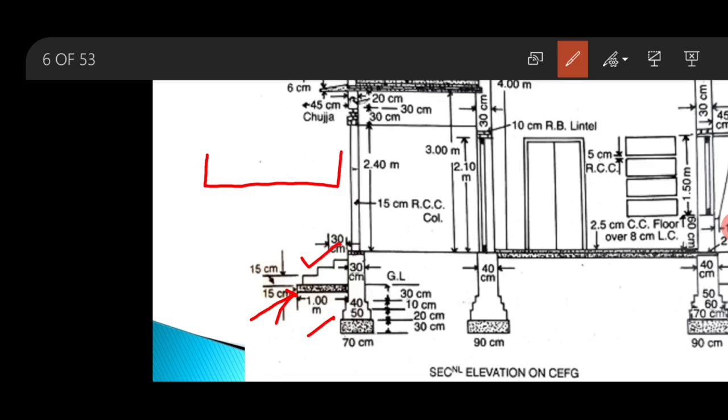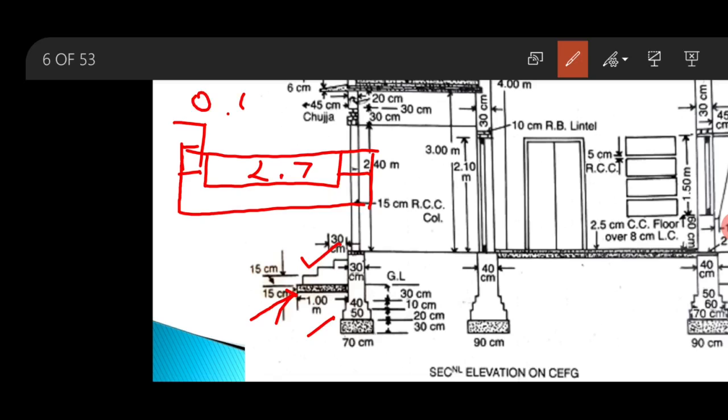So here the step is given as 2.7, and the concreting work is done like this. For concreting work we have to do the excavation. So this is 2.7 and the concrete work is done 0.1 meter in excess on both sides.